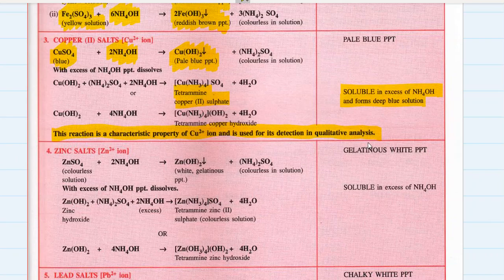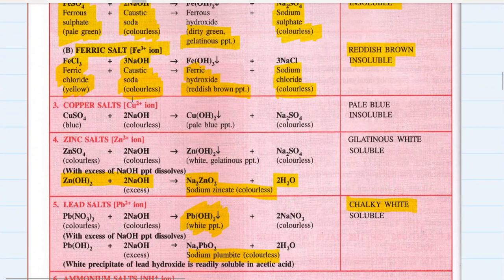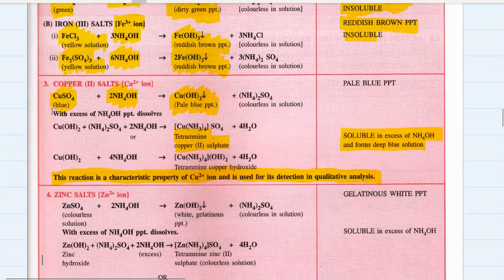If you use sodium hydroxide solution to identify copper ions, you will get a pale blue PPT, that's it, nothing more will happen. It will be insoluble in excess of sodium hydroxide. But if you take ammonium hydroxide solution, you get a sure shot qualitative analysis of the presence of copper ions.